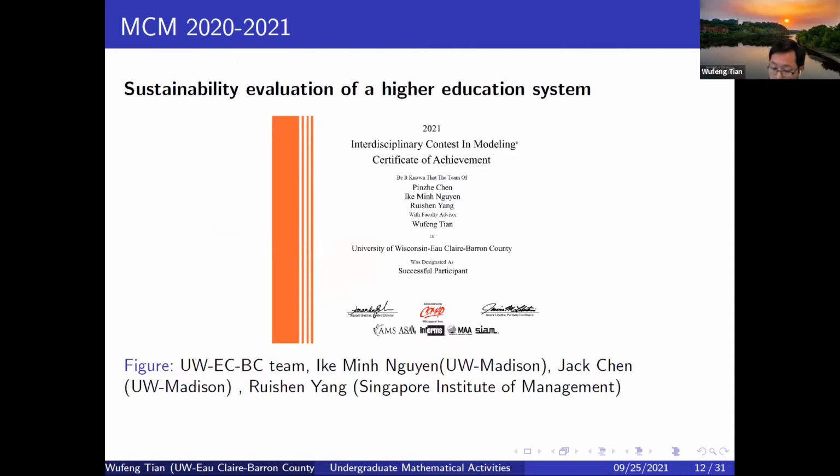This year, we chose an interdisciplinary contest question, which is the sustainability evaluation of a higher education system. There are a lot of international students in the world, and especially people choose universities just by the rankings. There are many rankings, like the top universities. But when they do the rankings, many do not really consider sustainability.